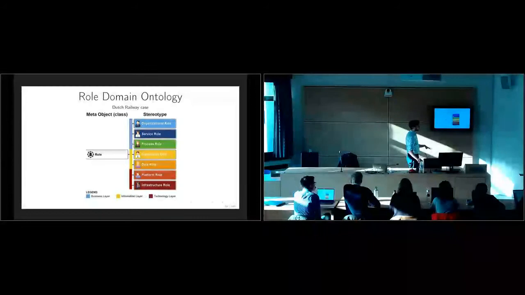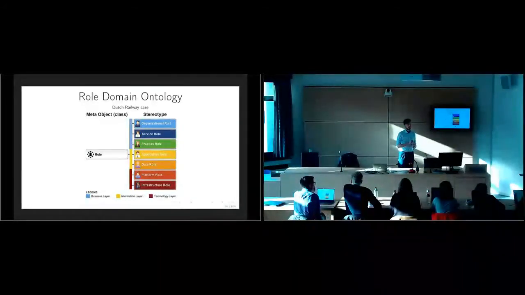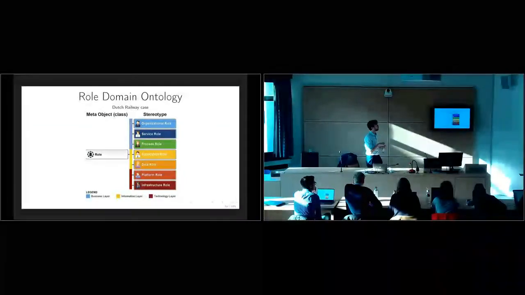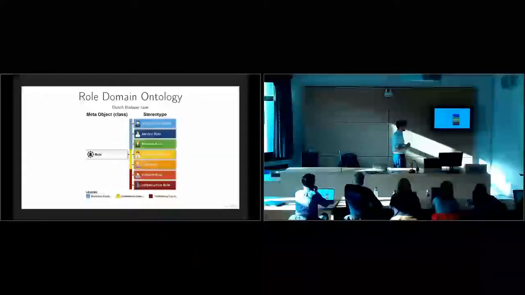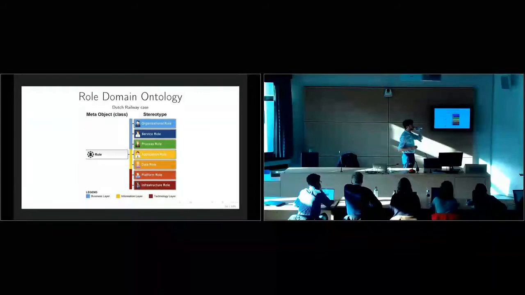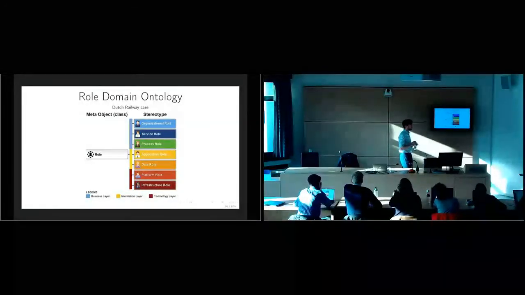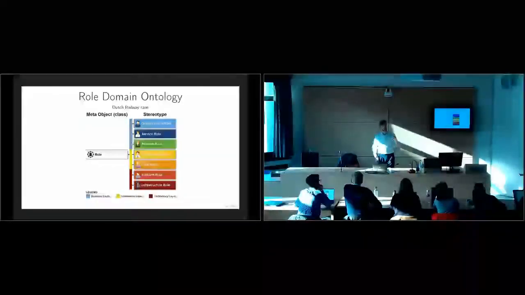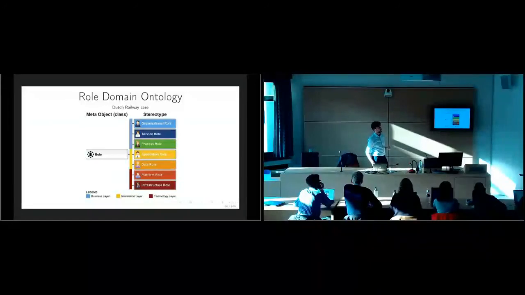So I'm taking just one simple example from what they did. Here they really did cherry picking. They just picked exactly one concept from the core reference ontology: the concept of role.